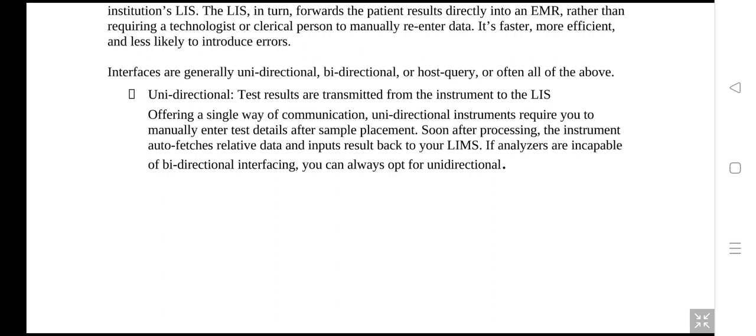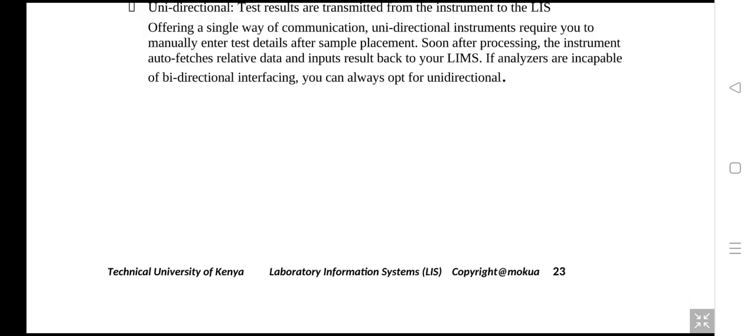The results are transmitted from the instrument to the LIS, providing a single way of communication. The instrument tests the sample after placement. Soon after processing, the instrument outputs the relevant data and inputs the result back to your LIS. So that is one way.